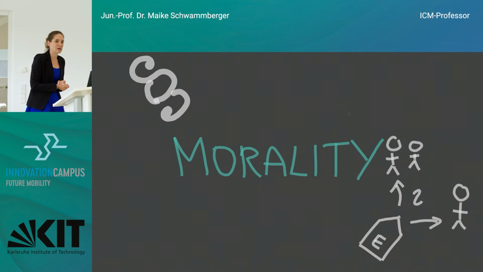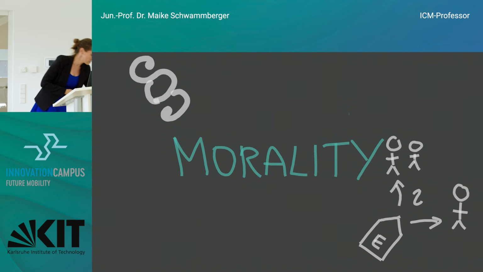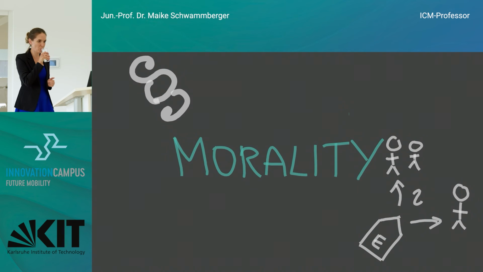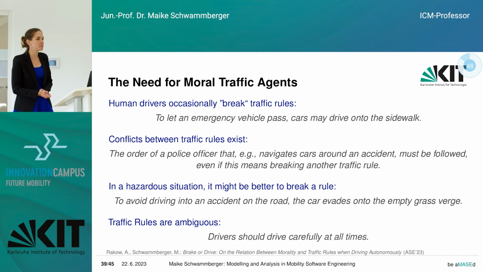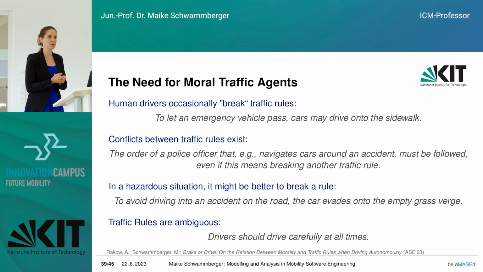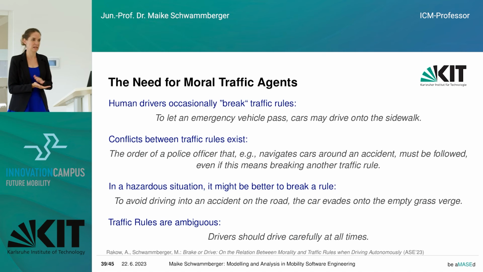The last topic I would like to briefly cover is morality. Here I claim, as I said before, we have a lot of conflicts between traffic rules if we just formalize them, but also in different situations, new conflicts can arise. I just have some examples here.